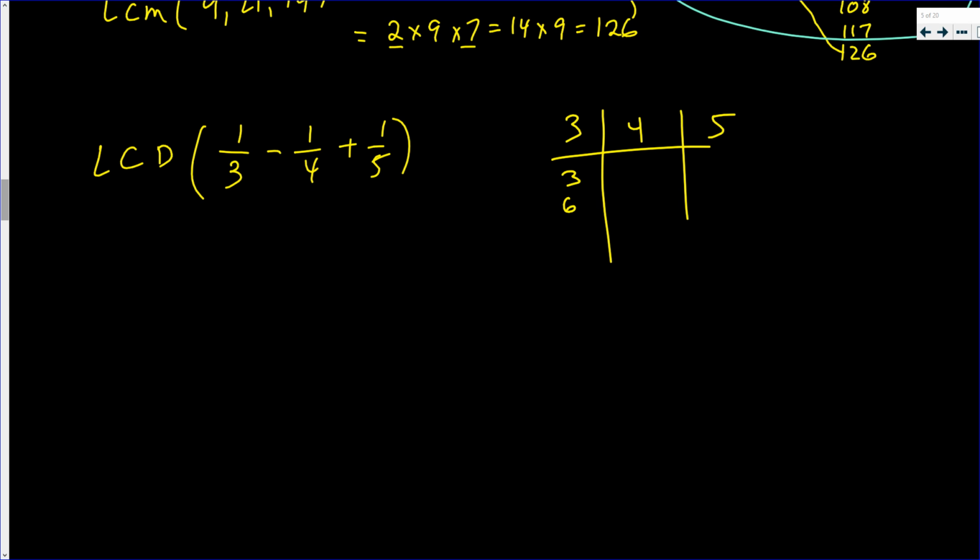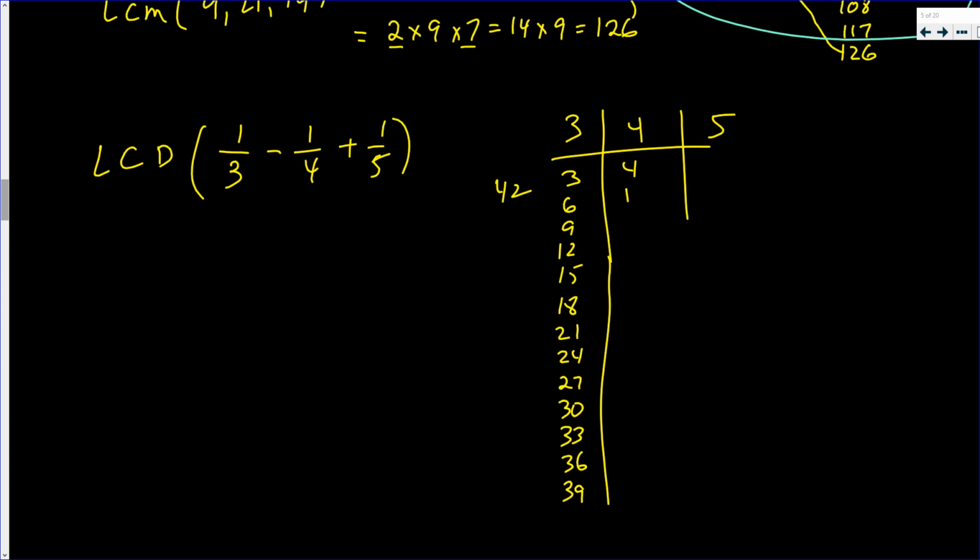3, 6, 9, 12, 15, 18, 21, 24, 27, 30, 33, 36, 39, 42. 4, 8, 12. But we know the common number that's going to be in all three lists has to end in a 0 or a 5, because every number on the 5 table ends in a 0 or a 5.